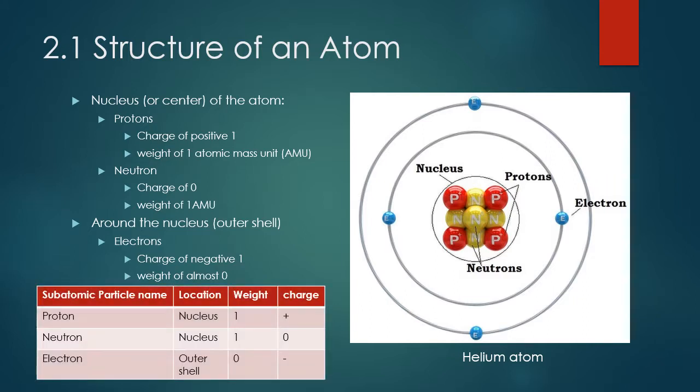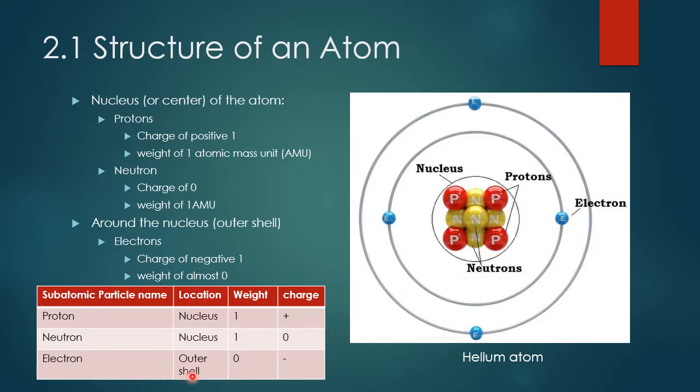Let's just go over this in table form, just to review. You have these different types of particles. They call them subatomic particles because sub means part of, and atomic refers to the atom. So these are particles that are part of or within an atom. Protons, neutrons, and electrons are the 3 types of particles. Protons and neutrons are located in the nucleus.